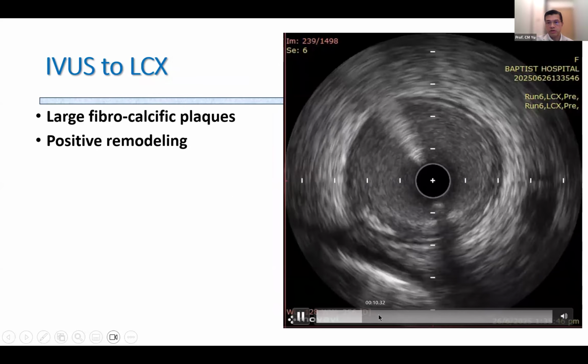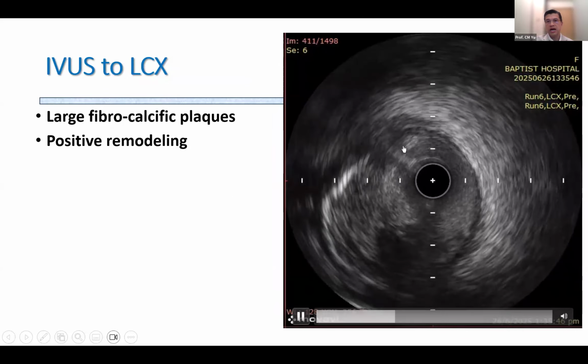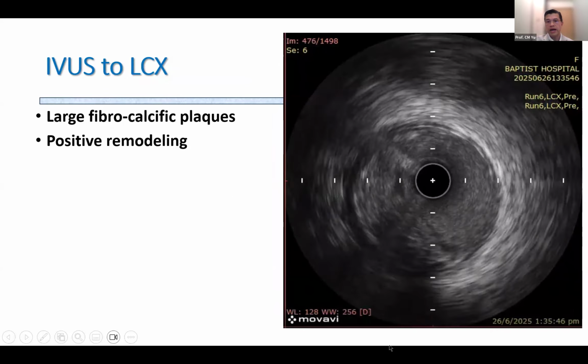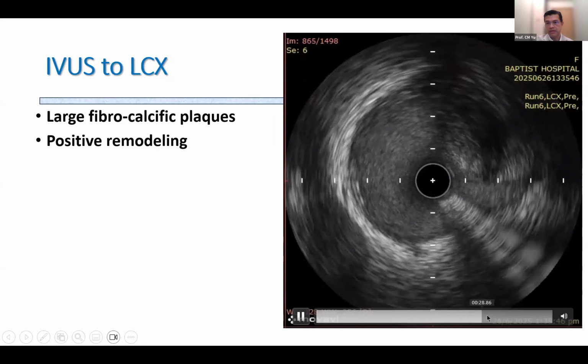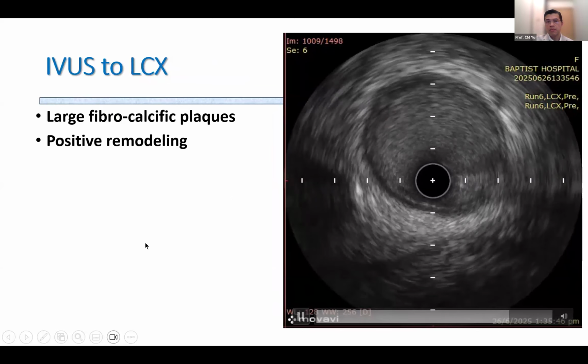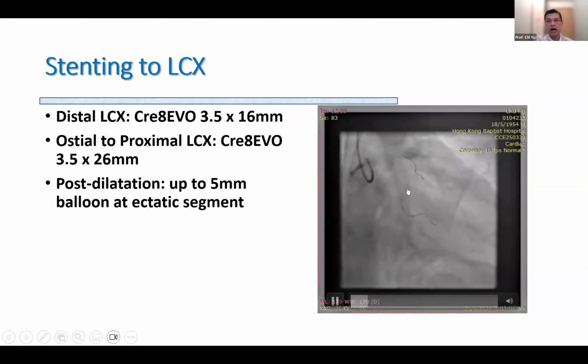At the IFS pullback, as you can see right here, there's a large fibrous plaque with some eccentric calcification. And here is also a segment with some ectasia, more proximal plaques, and so on. Positive remodeling has been present, as shown here. There are multiple regions with plaque and also a very tortuous vessel.